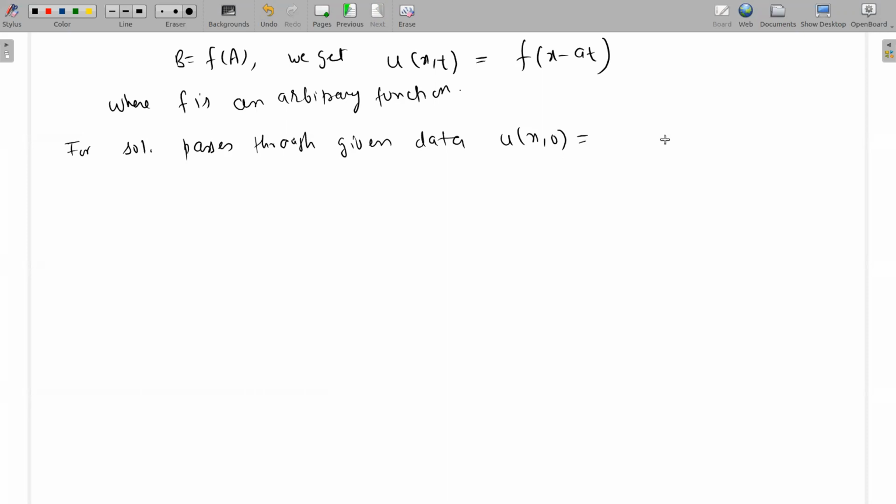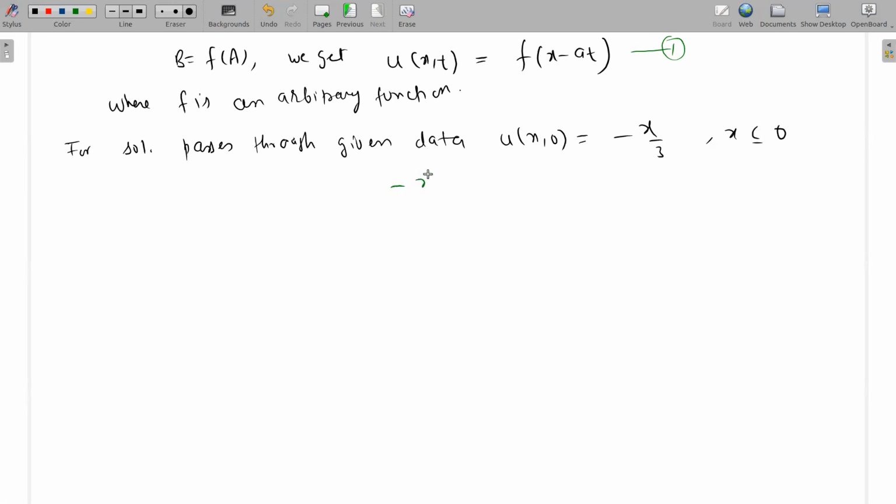u(x,0), which is minus x by 3 when x is negative. So in this equation, set t equals 0.